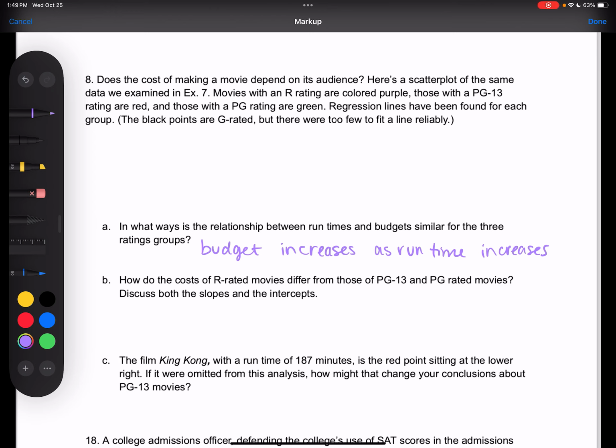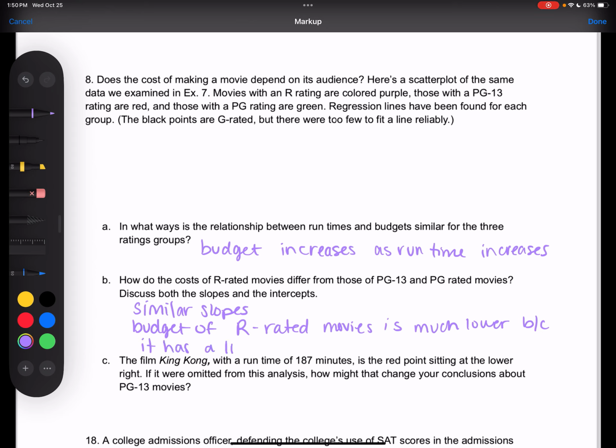So they have similar slopes, but the budget of R-rated movies is much lower because it has a lower starting budget.